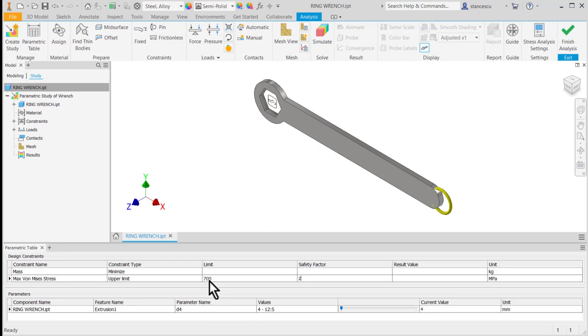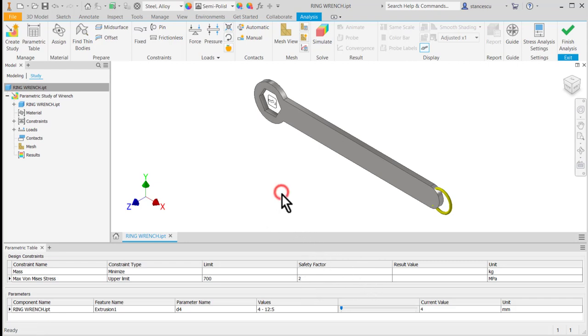Yes, a 10 times greater number for megapascal versus kilogram force per square millimeter. And the safety factor of 2 is enough.